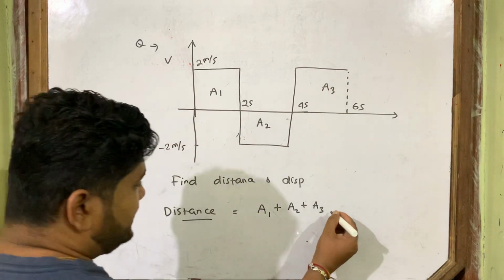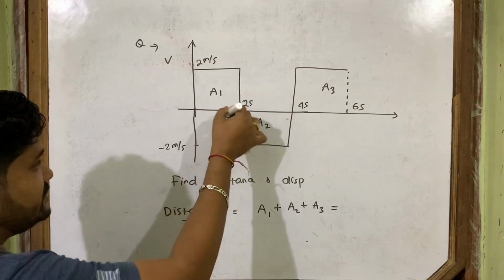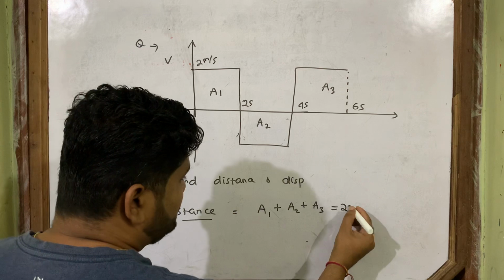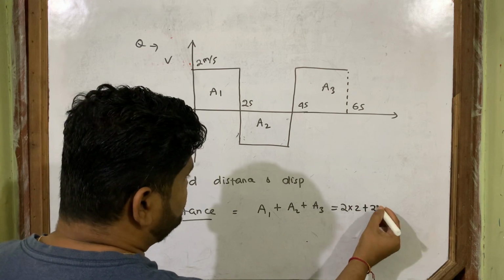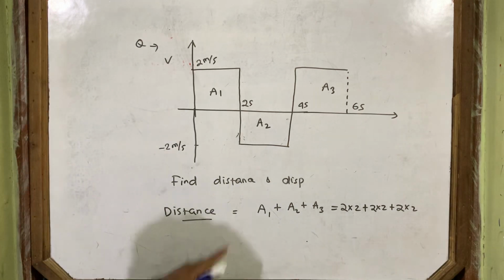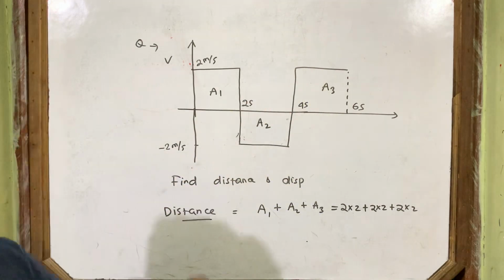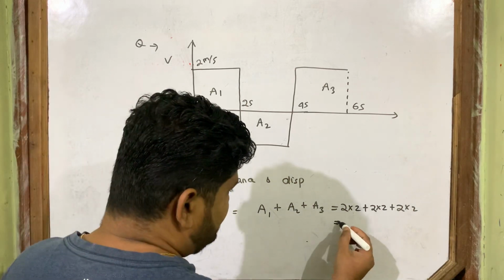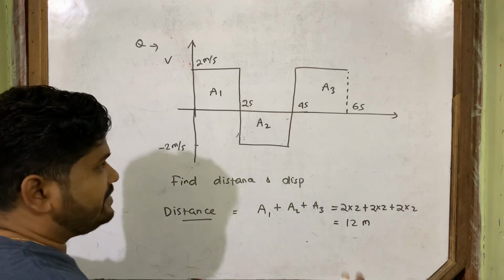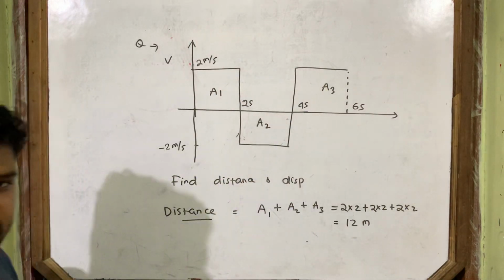So you have to add. So simply you multiply: 2 into 2 plus 2 into 2 plus 2 into 2. The gap is 2 and the height is also 2 here. So the answer is 12 meters, if this is in meter and this is second.